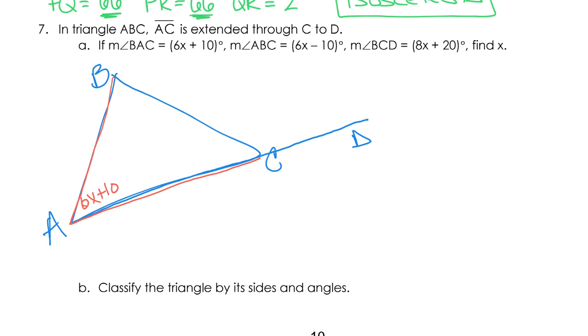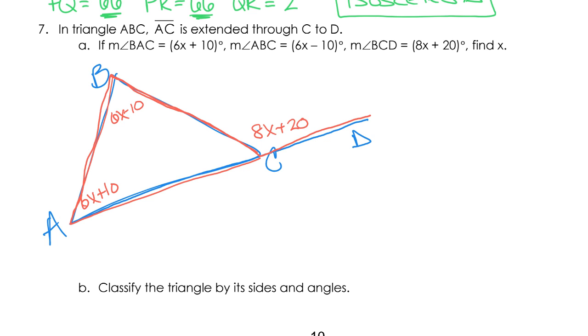And it's an angle, so it goes inside the diagram. Then they tell me that angle ABC is 6x minus 10. And that angle BCD is 8x plus 20.